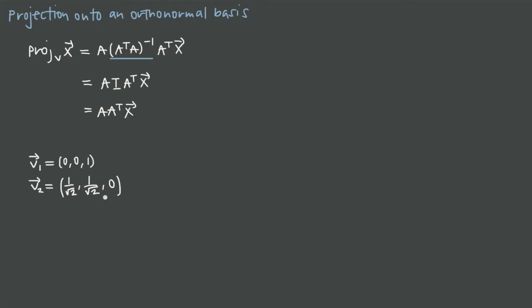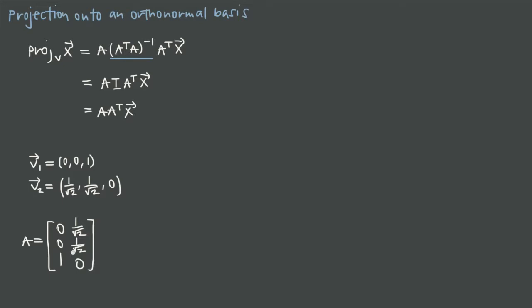So we know this is an orthonormal set, and what we're saying is that this set forms the basis for the subspace V, which means that we can define A as the matrix of these column vectors. So 0, 0, 1, and then 1 over root 2, 1 over root 2, and 0.